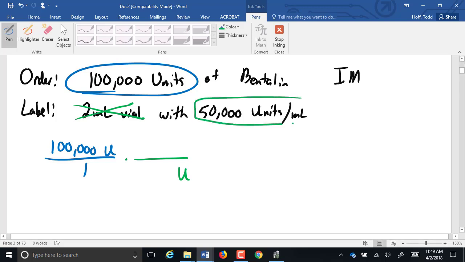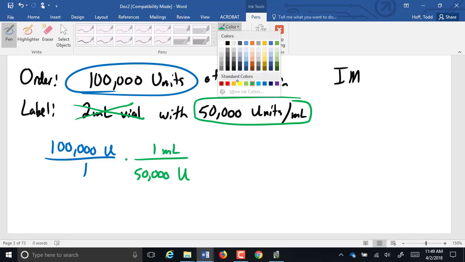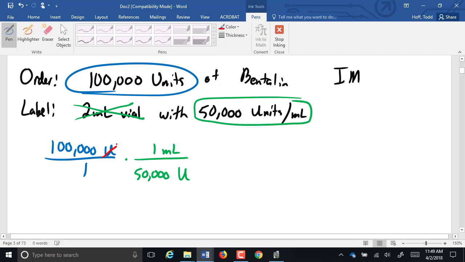Our equivalency is right here, 50,000 units per milliliter. So that means 50,000 units is equivalent to 1 milliliter. So the units cancel out, and this is going to be milliliters for us. So 100,000 times 1 milliliter is 100,000 milliliters. 1 over 50,000 is 50,000, which comes out to be 2 milliliters.